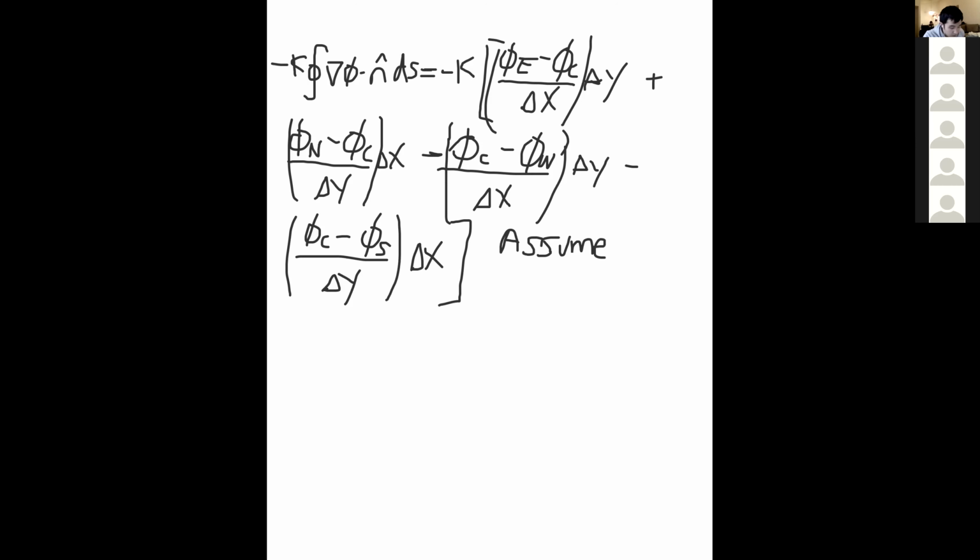There are a lot of terms floating around, but we can simplify this. By the usual assumption, we assume that our grid is uniform. That means the spacing in the x direction is going to be the same as the spacing in the y direction. So let's assume that delta x is equal to delta y, and we'll say that it's equal to some delta. This delta represents the space in between the cell centers in our grid. If we do that, all the deltas here are going to cancel out.